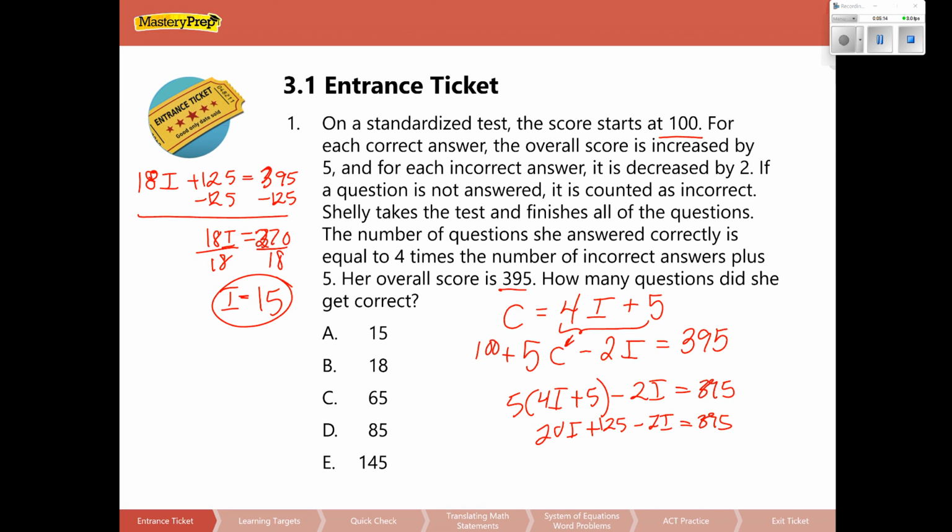Which would give us 15 for the incorrect. But correct number is 4 times incorrect plus 5. So 4 times 15 plus 5. 4 times 15 is 60. And that's how we got 65.